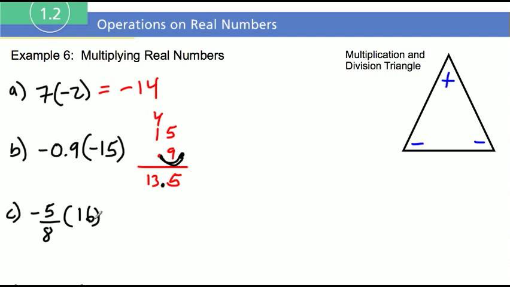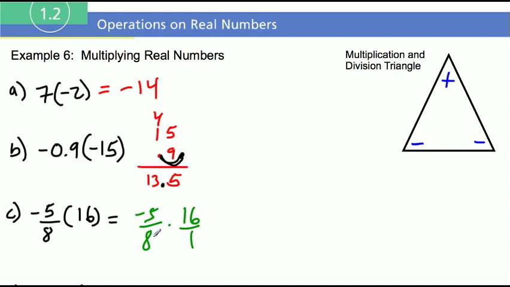Okay? What about this little guy right here? Check this out. I'm just going to rewrite it right here: negative 5/8 times 16. Here 16 is in the numerator and 8 is in the denominator, so we can divide. 8 divides into 16 twice.